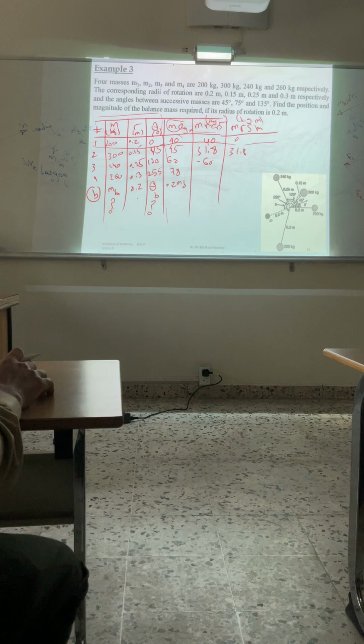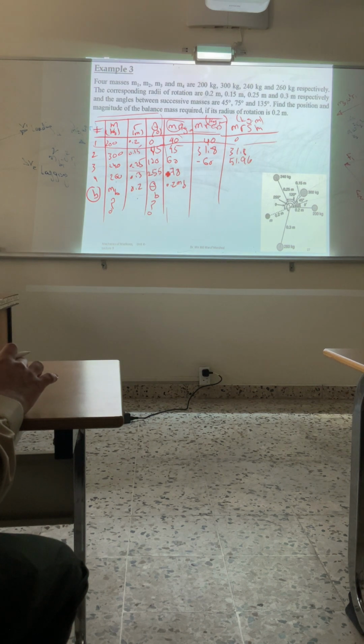The sine of 120 should be positive: 51.96. Okay, now let's go for number 4. You multiply 78 by cosine of 255, the previous one minus 30. Minus 30, not 60. I'm sorry.